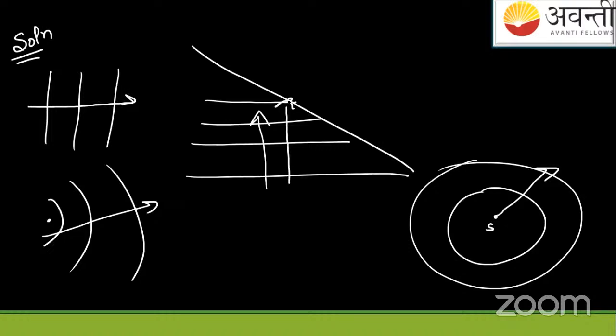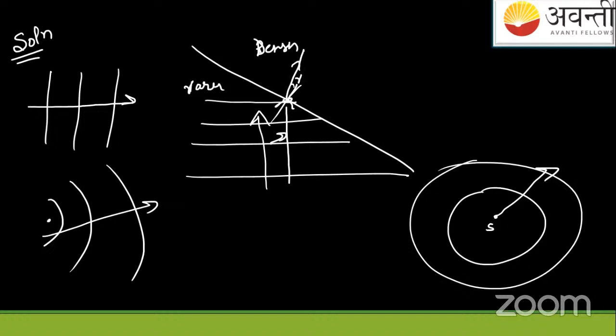Now, the wave is passing from shallow to deep, that is, from a rarer to a denser medium. So the wave direction will bend towards the normal. This is the angle of reflection.